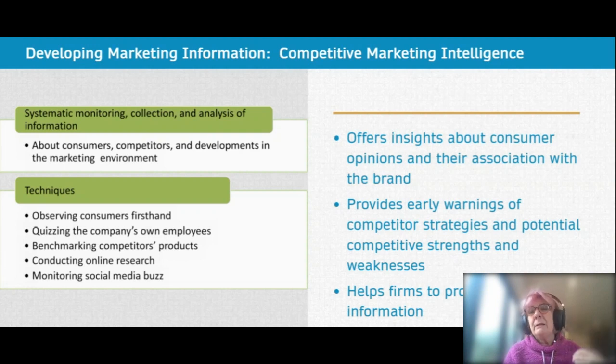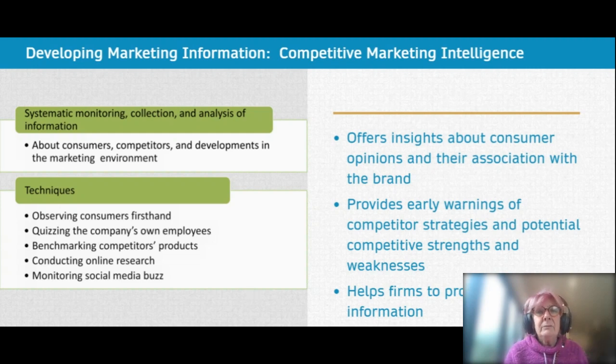Developments in technology, developments in the economy, developments in the natural environment, developments in the legal environment, and so on. So monitoring that information gives a business insights about consumer opinions, about what they think about this brand and other brands. It might provide early warnings of what competitors are doing and potential opportunities or threats. And it helps firms to protect their own information.